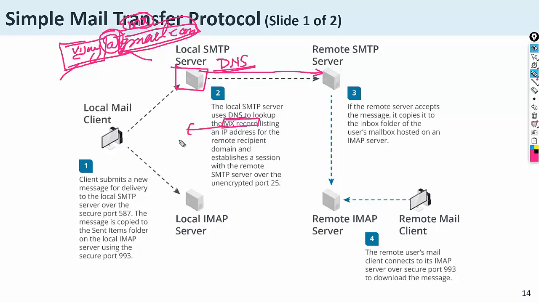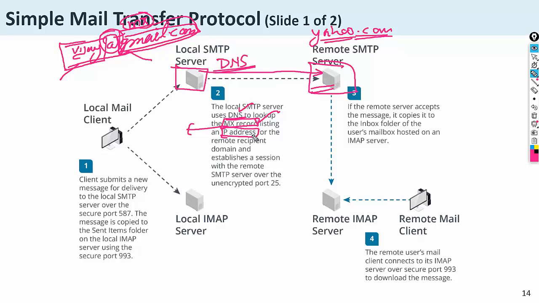MX record means mail exchange server, listing an IP address for the remote domain name. Means when I want to send a mail to yahoo.com, the process is: DNS lookup, find the MX record, then find the IP address and forward the message to that particular IP address.